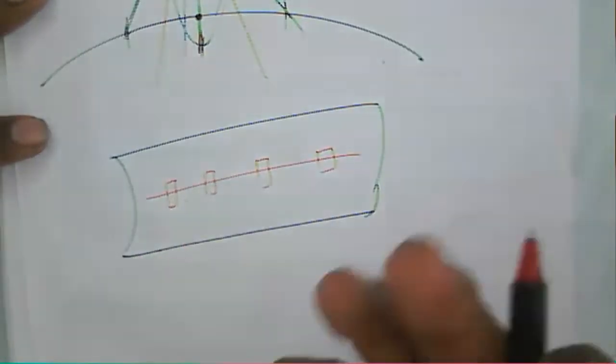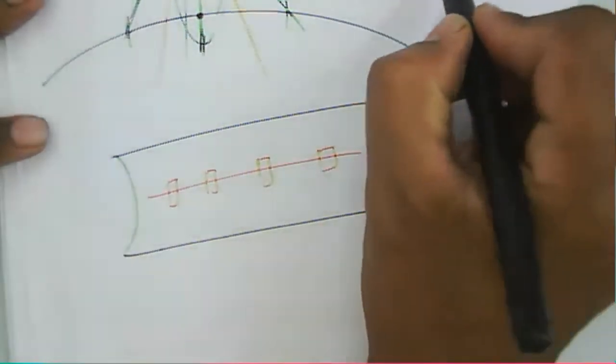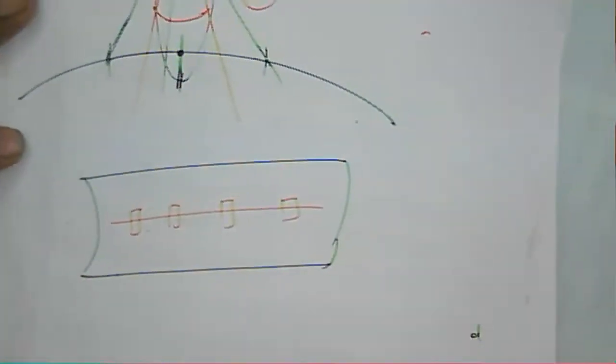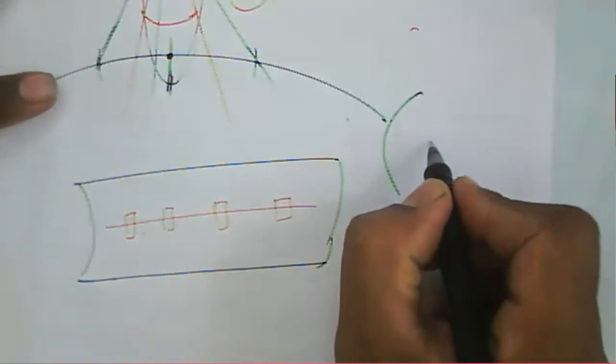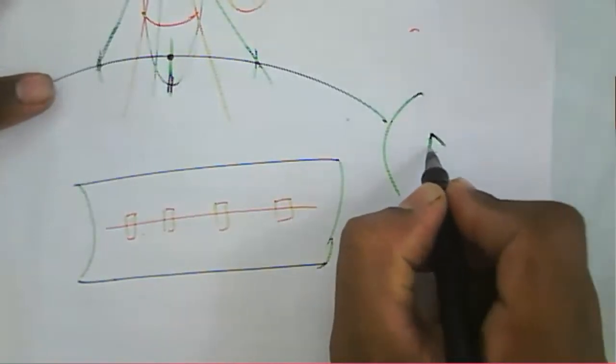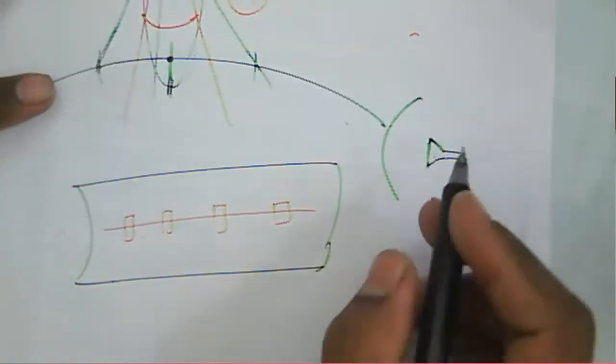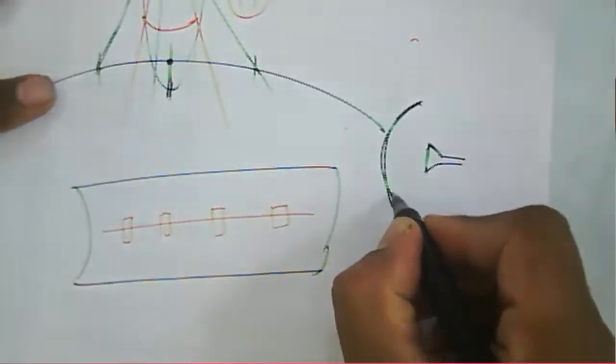If it is only a single feed antenna, as we have seen earlier, it is a dish antenna with a horn antenna as the feed, and this is the dish.